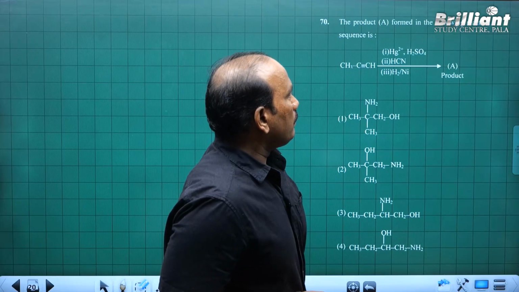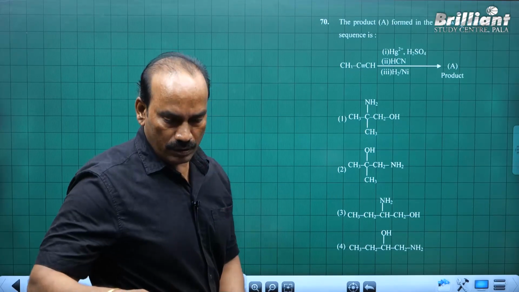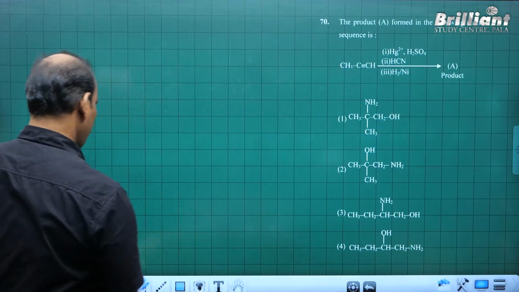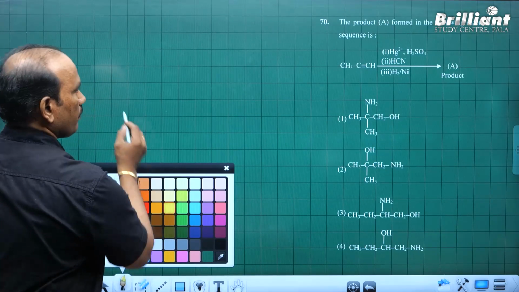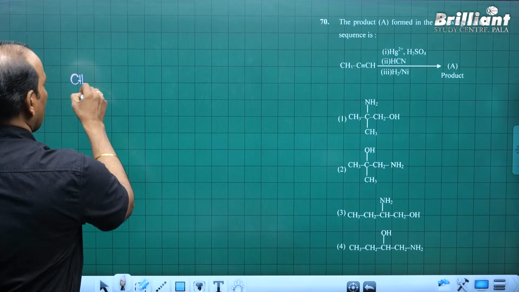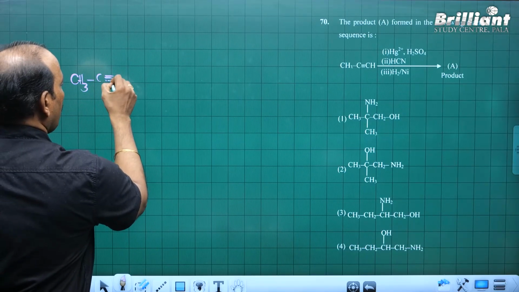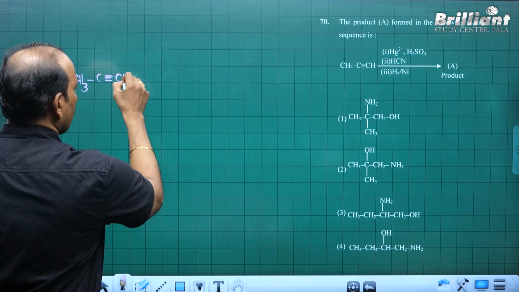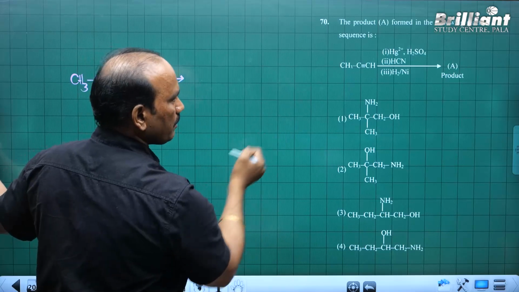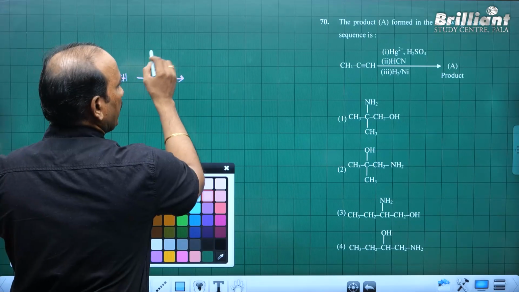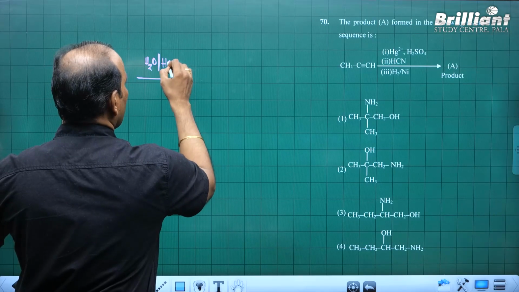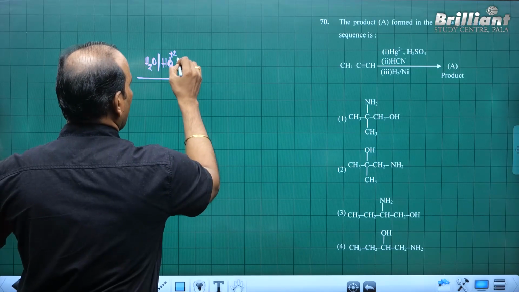The product A is formed in the following sequence. What is the first one? CH3 C triple bond CH. Clear? Then the first one is, here 3 steps are there. Then hydrolysis, H2O in the presence of Hg2+ and H+.